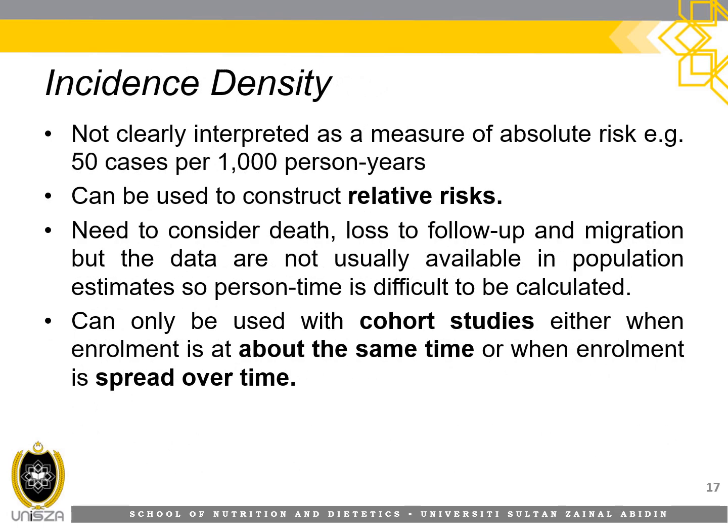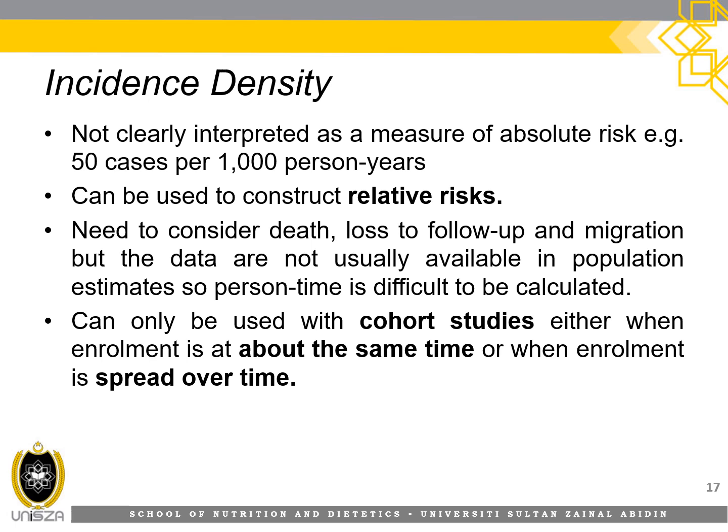When we look at incidence density, it is not clearly interpreted as a measure of absolute risk. Example: 50 cases per 1,000 person-years. Incidence density can be used to construct relative risk, and it needs to consider death, loss to follow-up, and migration, but the data are not usually available in population estimates.